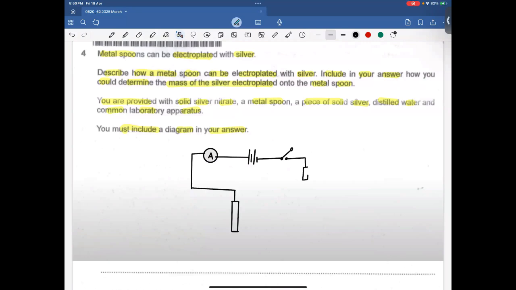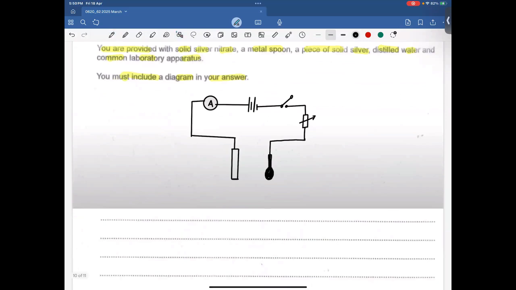This is your variable resistor through which you can control the current, movement of current. And that's your metal spoon. And obviously, both of them are placed in an electrolyte.